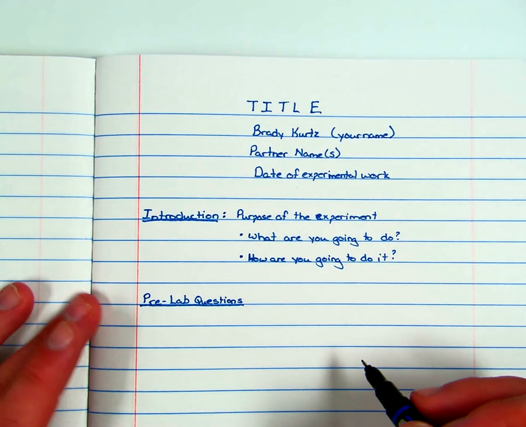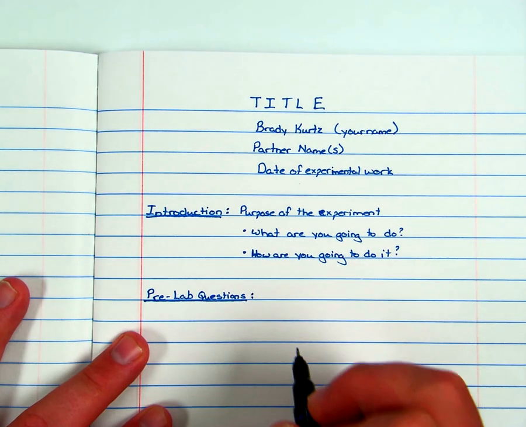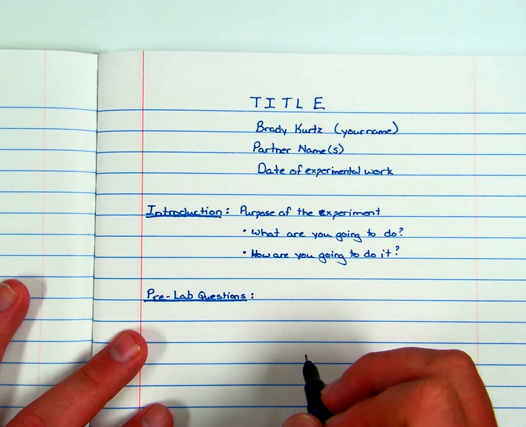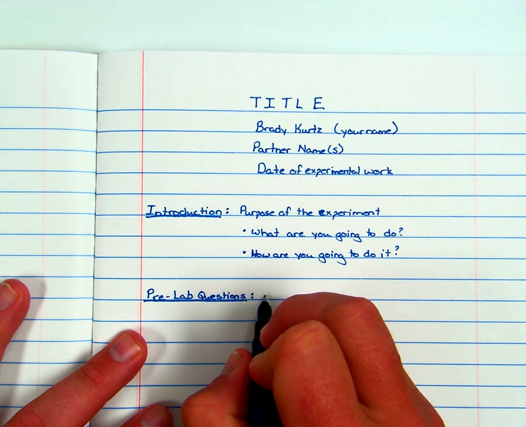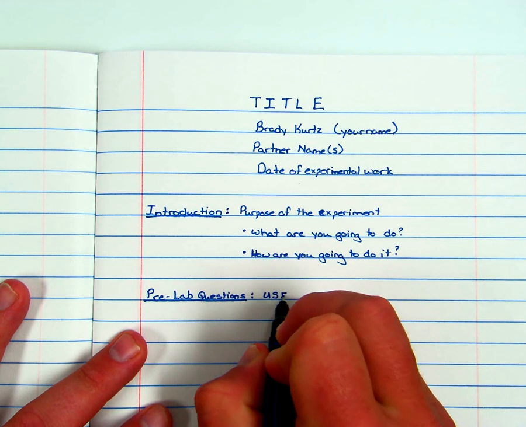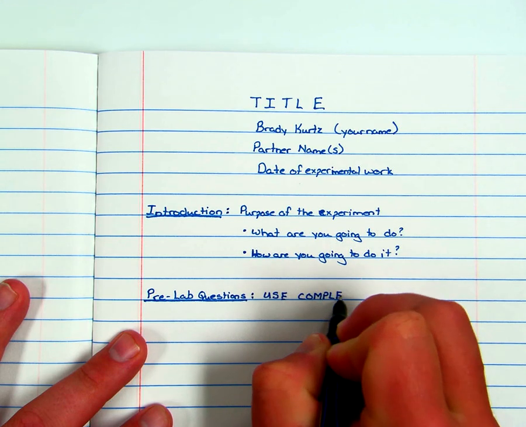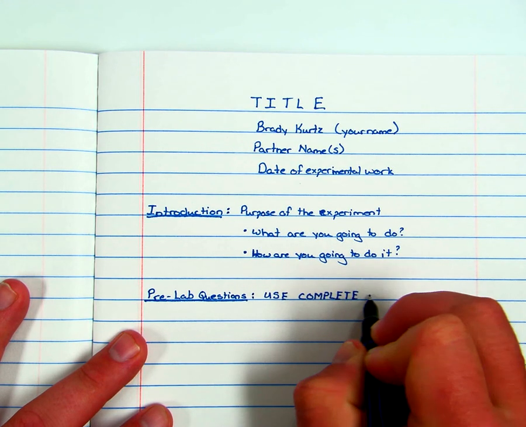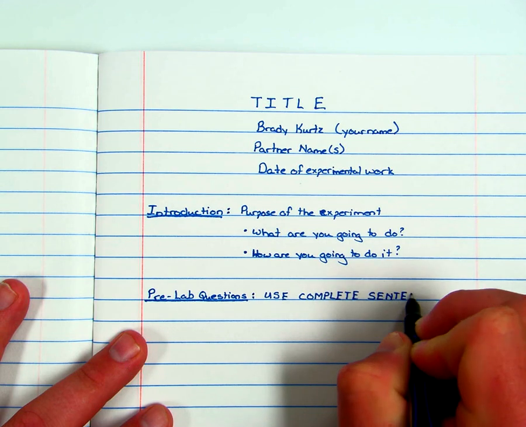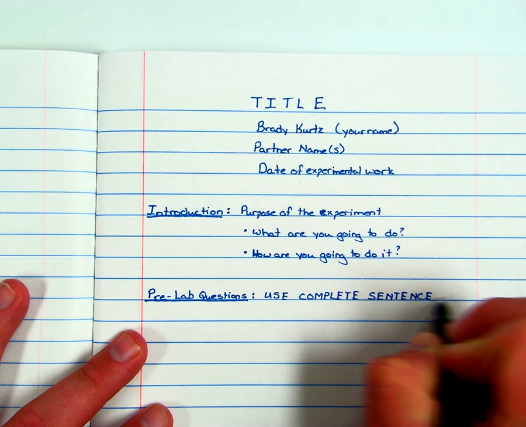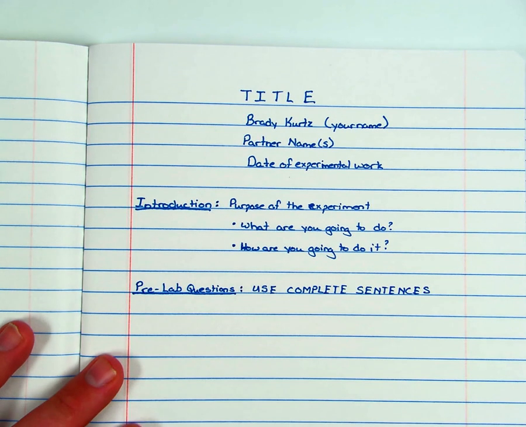Now, that being said, if it is something that you're writing text for, okay, we always use complete sentences. Use complete sentences. Notice I am writing this in all capital letters because this is important. I do not want to read some sort of 2-word answer for something that requires some thought.